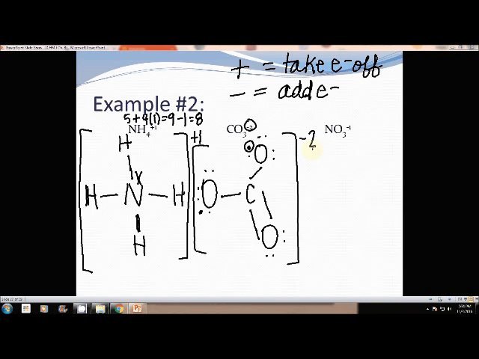Okay. Last one, NO3 1-. N had 5 before, so we're going to still do 5. Oxygen still has 6 to start. Then once we draw those out, we'll connect all the oxygens once.